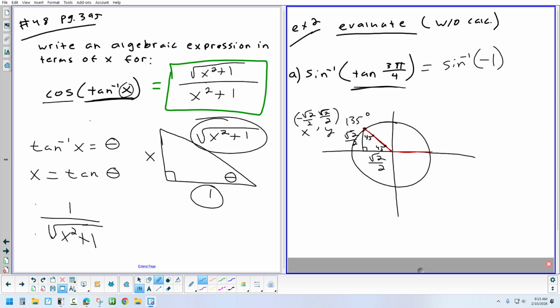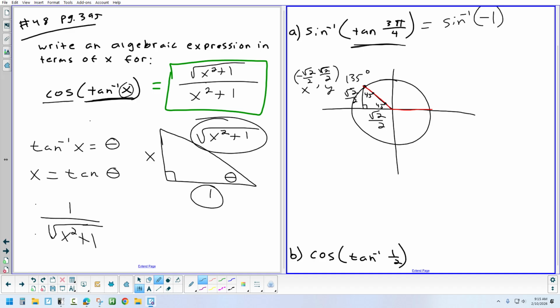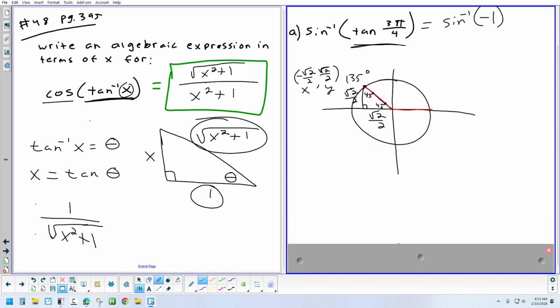We need the inverse sine of -1. Okay. So we're doing inverse sine. What am I solving for? Like when I get my final answer to this problem, it's going to be what?